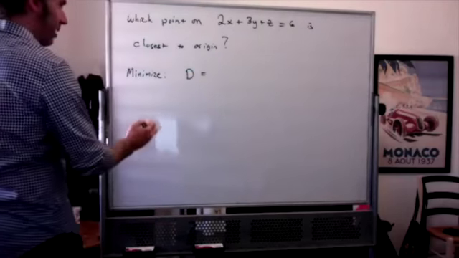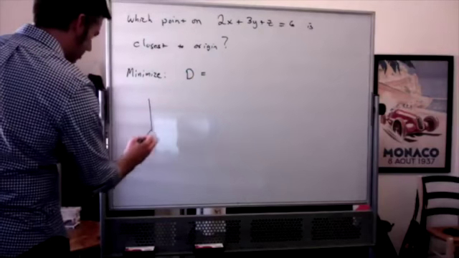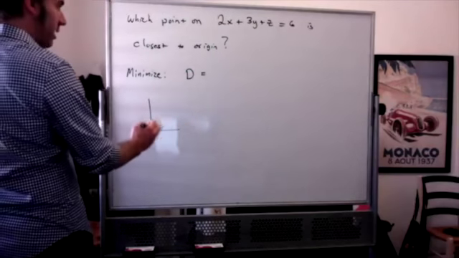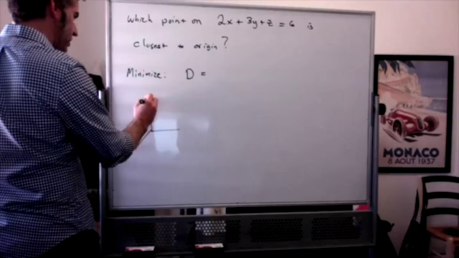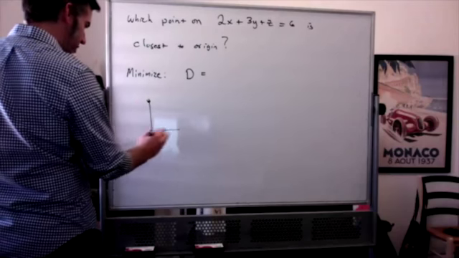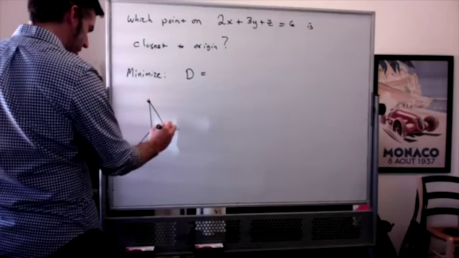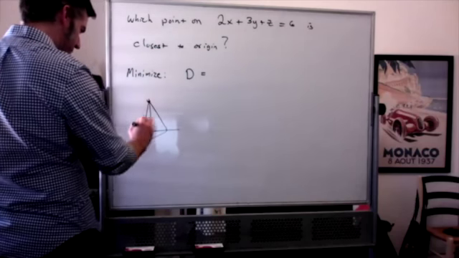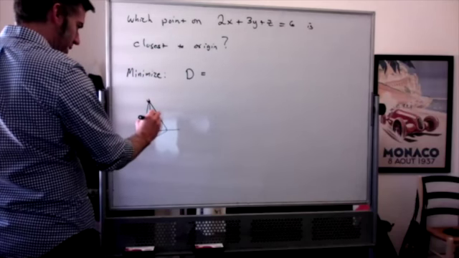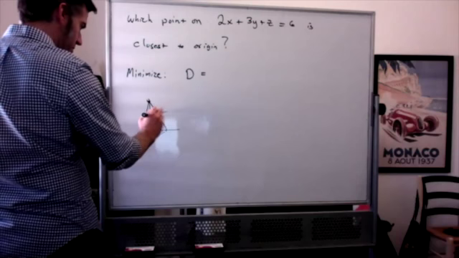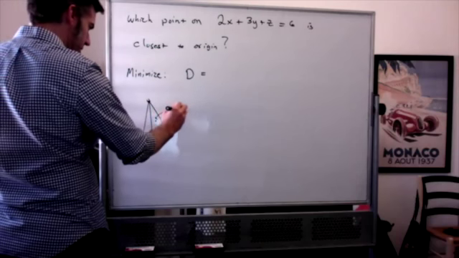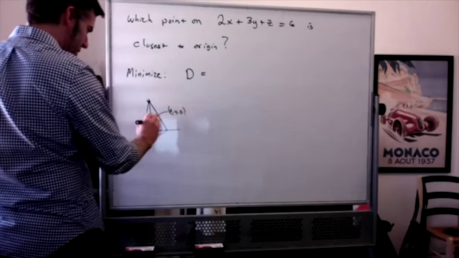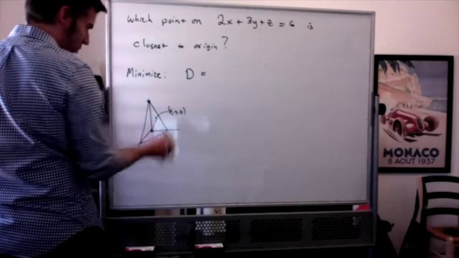In fact, I can even draw this plane. Our plane has a z-intercept of 6, an x-intercept of 3, and a y-intercept of 2. So our plane looks kind of like that. And there's some point on the plane, x, y, z, that is closest to the origin.